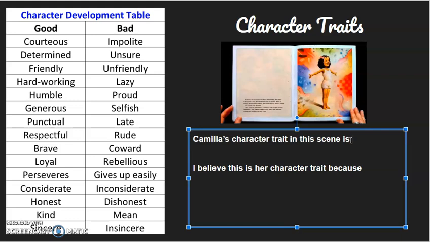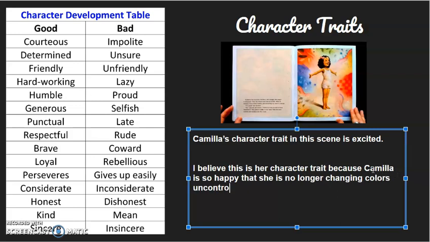So I'm going to just use the word excited. So she is excited. I believe this is her character trait because Camila, and I'm probably spelling it wrong, is so happy that she is no longer changing colors uncontrollably. Okay? Alright, if you guys have any questions, please reach out.